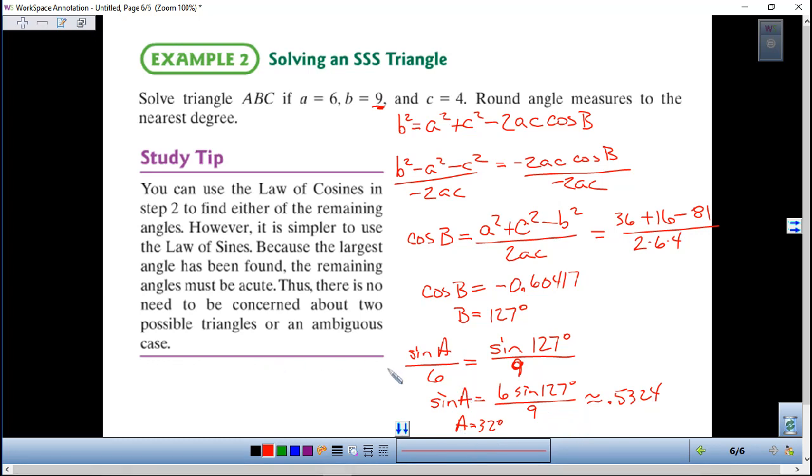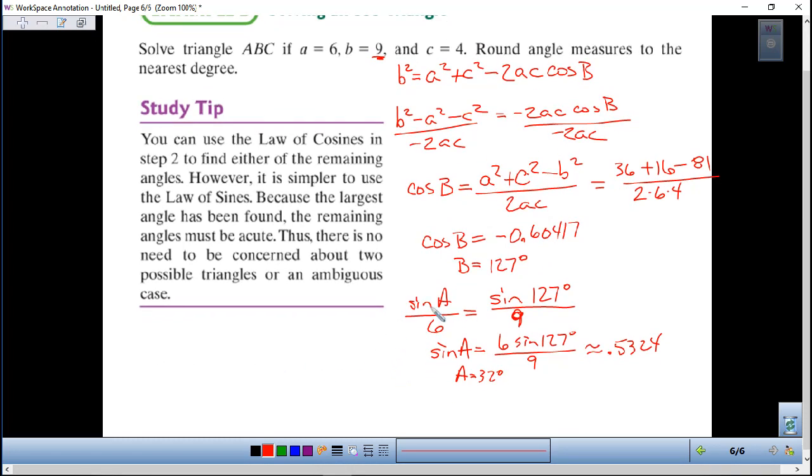All right, so at that point, we know that angle B is 127, angle A is 32. So all we do to find angle C is take 180 degrees and subtract the two angles we know.